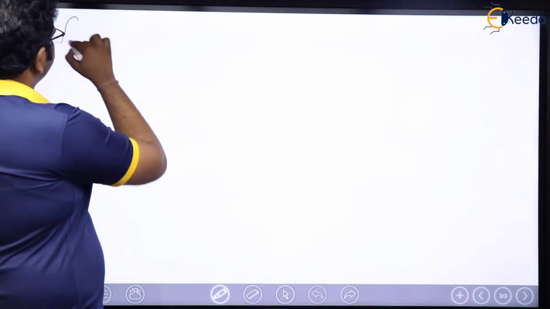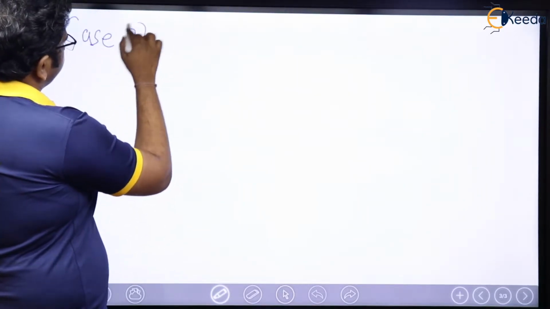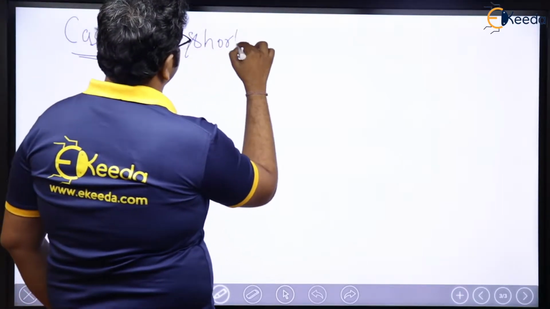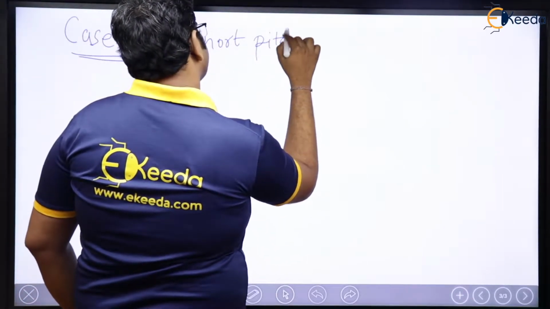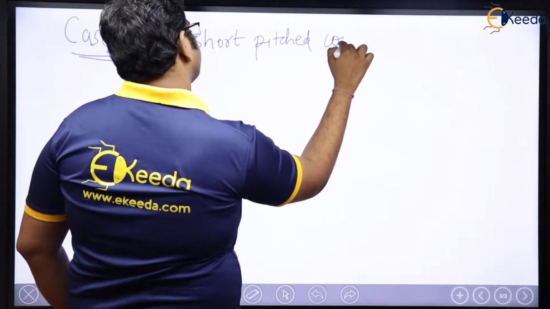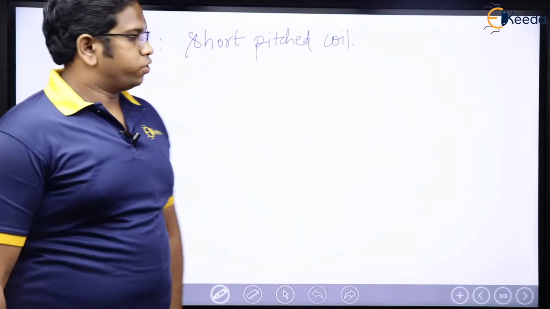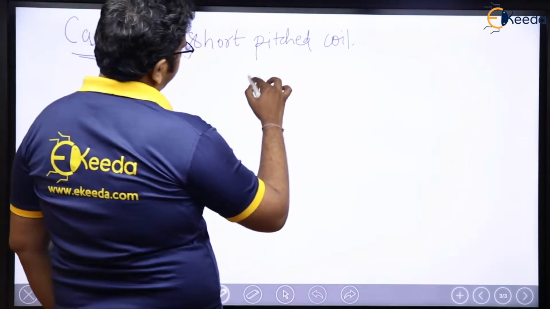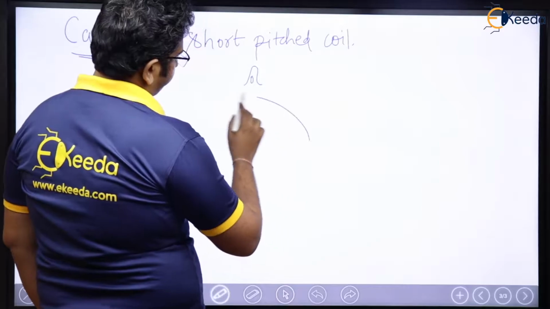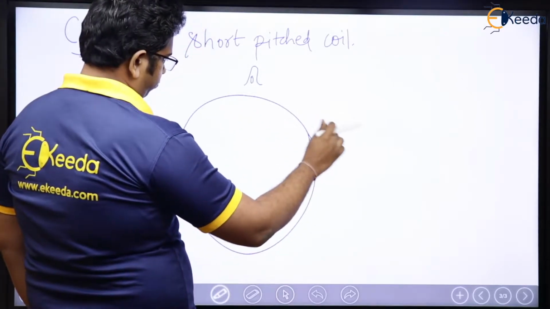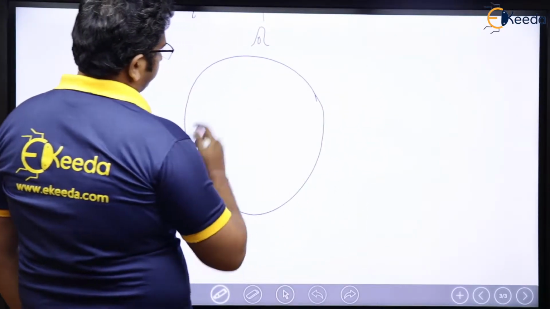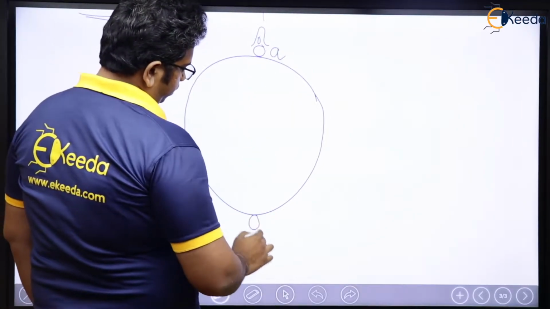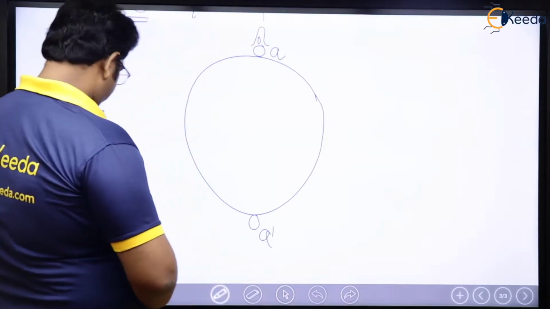See here, case 2. So now case 2, short pitch coil. See here, let me consider stator, right? Now I have one conductor here A, I have another conductor here A dash, right?